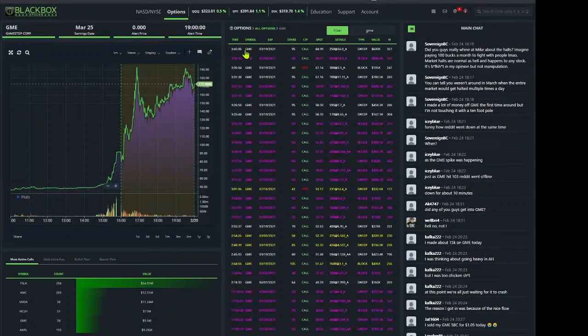So if I had been paying attention to the flow here, I probably could have positioned a little bit better. I had the nice starter size and I added to that position, but I did not add and hold to the amount of size that I should have or could have.